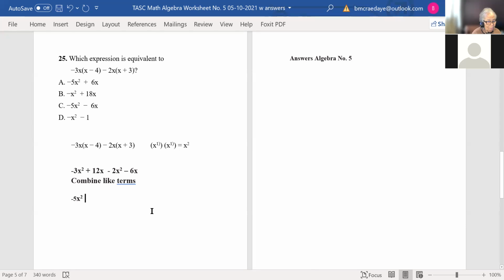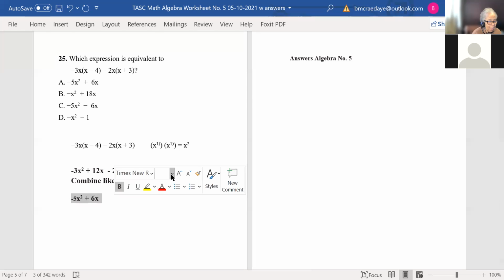Plus 6. That's right. You subtract, and you've got a bigger plus. So that would be plus 6x. Because you got plus and a minus, subtract the 6 from the 12, you get a 6. The 12 is the biggest number, has a plus, so this will be plus 6x.